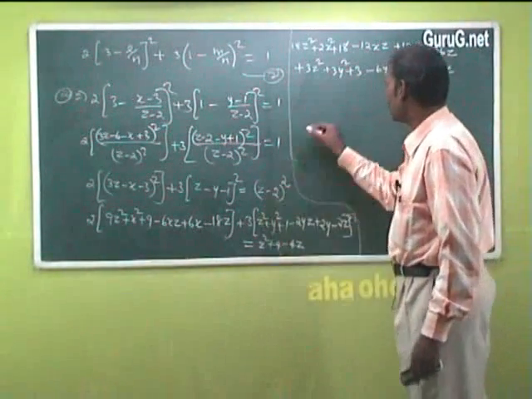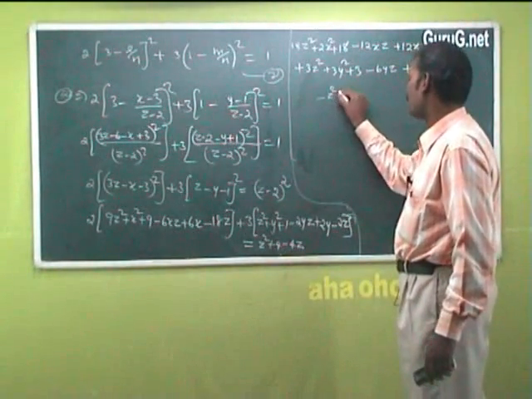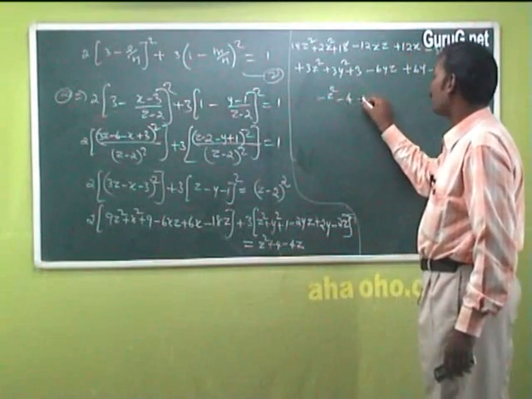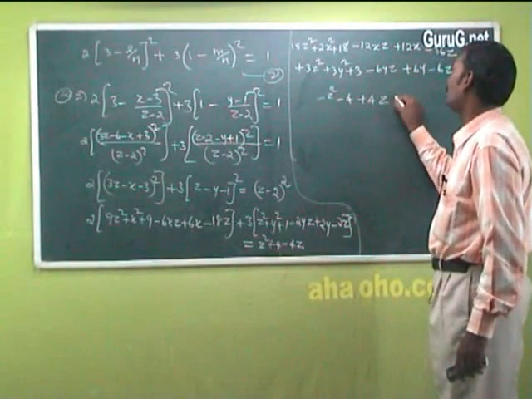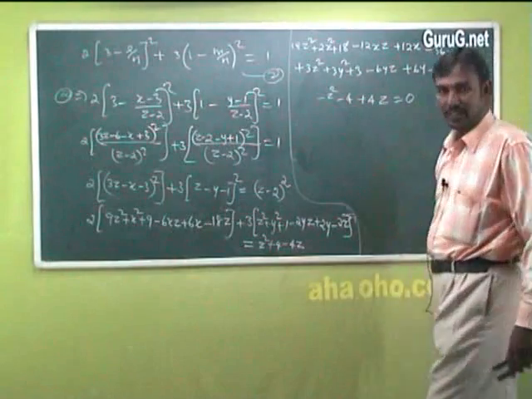I will bring to left hand side, minus z square minus 4 plus 4z equal 0, right?